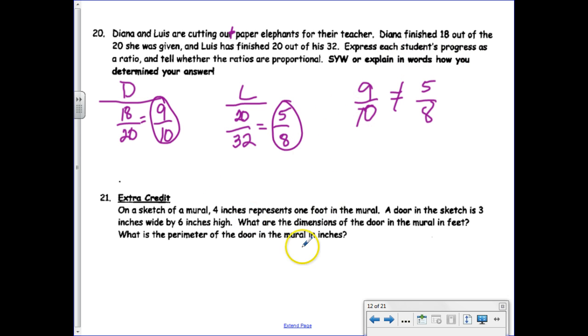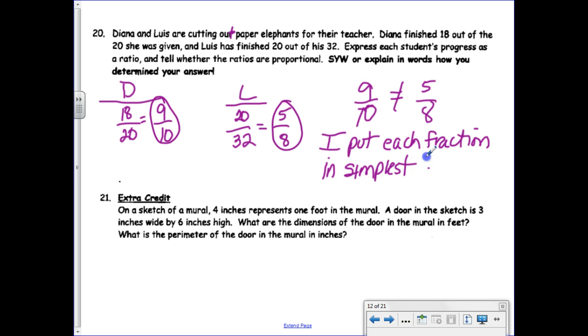So now you really have to tell me in words. So here's what I'm going to say. I put each fraction in simplest form. They are not equal.